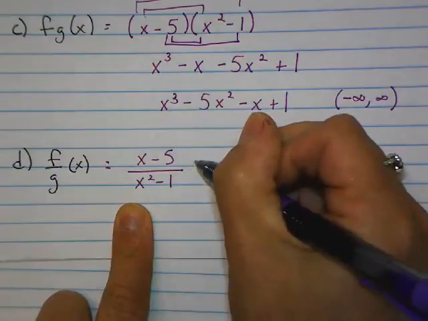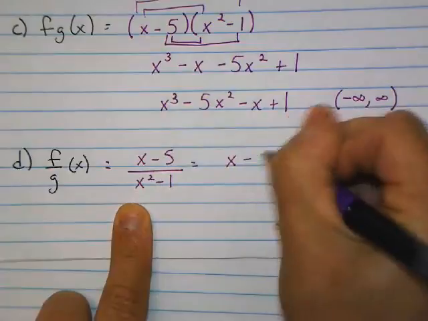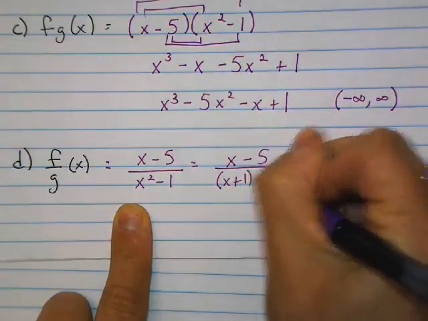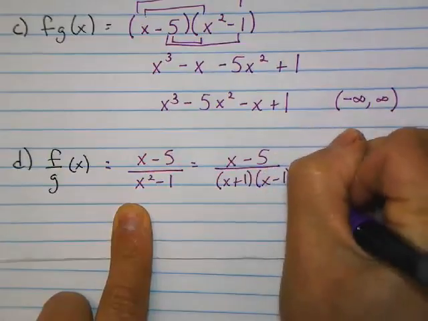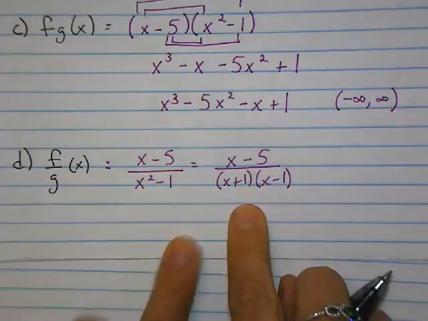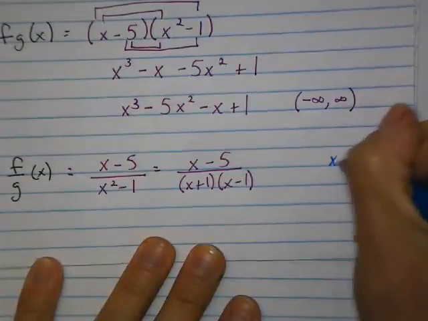So I get x minus 5 over x plus 1 times x minus 1. Neither of these can become 0. If you need to, you can take a sidebar off to the side, and you know that x plus 1 cannot equal 0, and x minus 1 cannot equal 0.